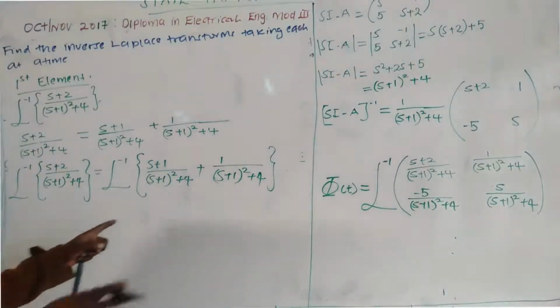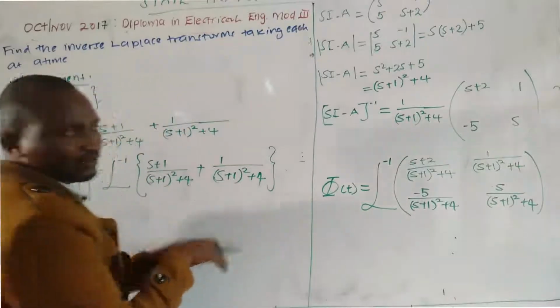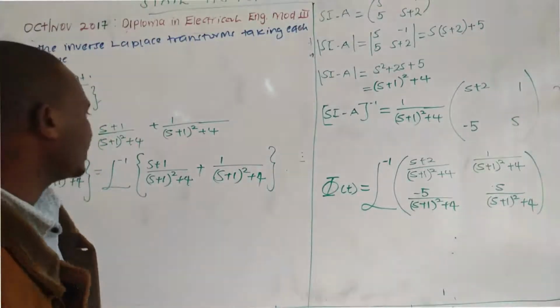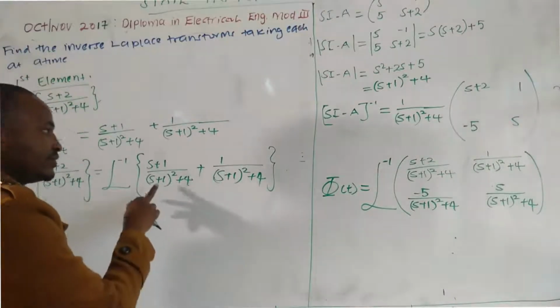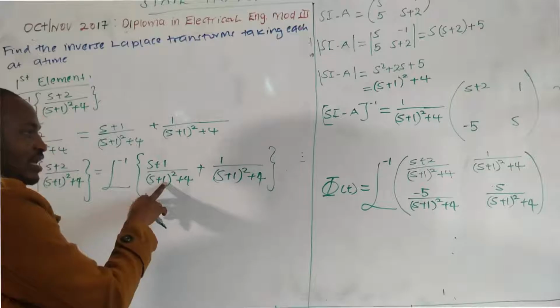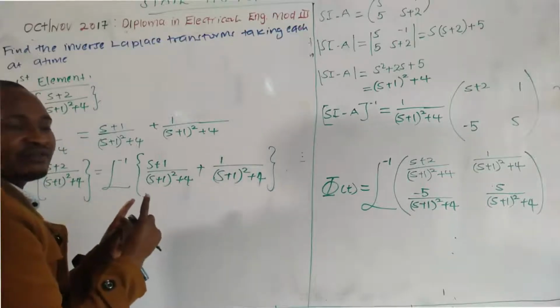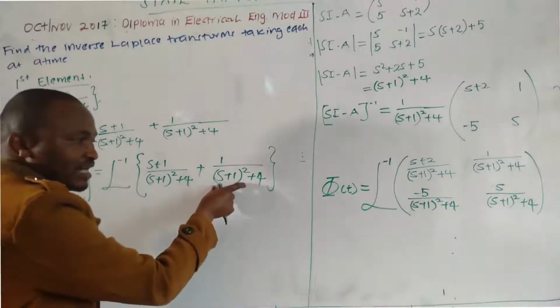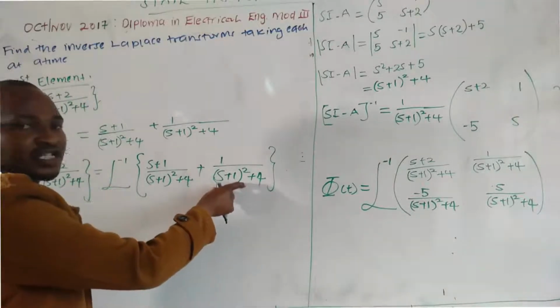Notice now we can handle each one of them separately, but we don't have to keep on writing too much. Remember, in an exam, try to avoid unnecessary writing. Notice the fact that we have s plus 1 and then we square, it means we have application of the first shift theorem. Again, here it appears we have application of the first shift theorem.